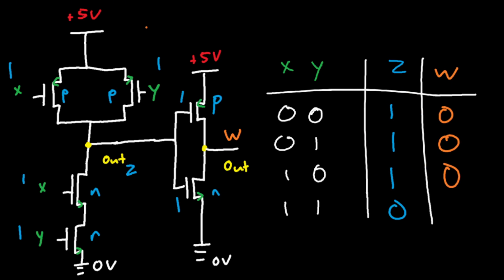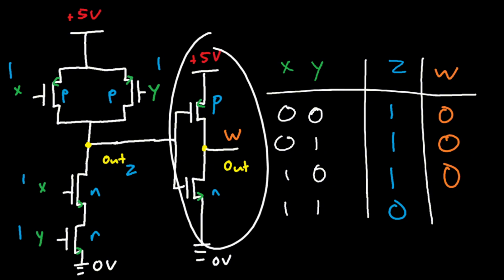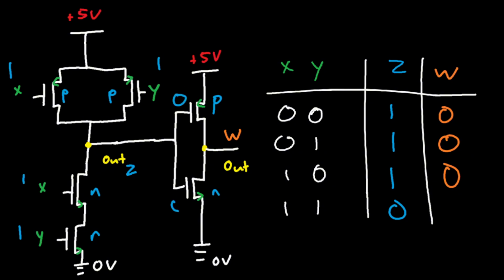All right, let's take a look at the output 0 for Z, but also the input 0 for this circuit. So 0, 0. Remember, for P-type gates, 0 acts as a closed switch, therefore current can flow through. And for N-types, it acts as an open switch, therefore no current can flow through.